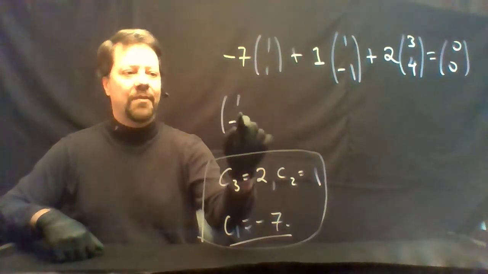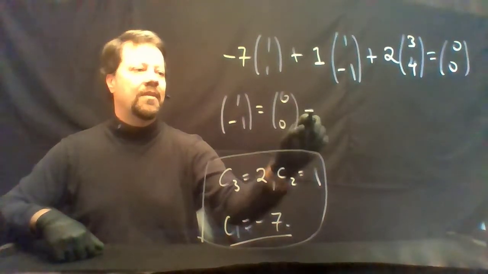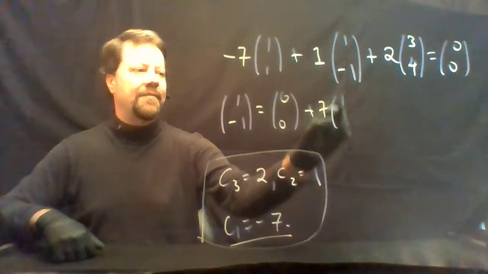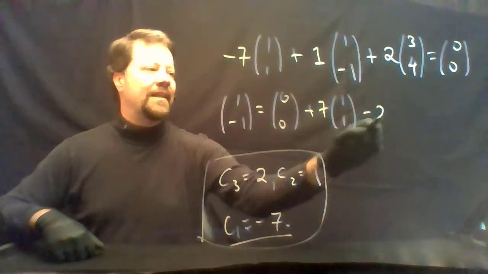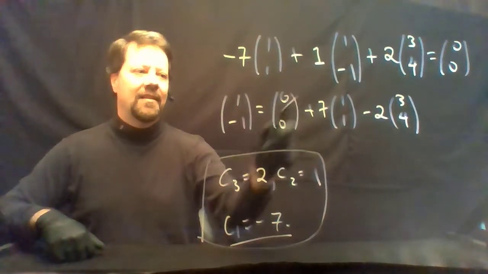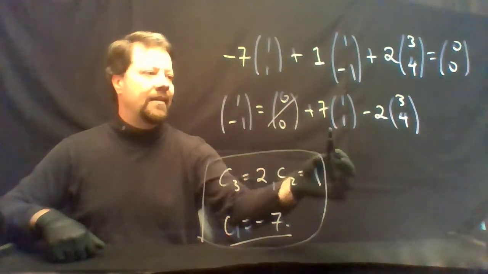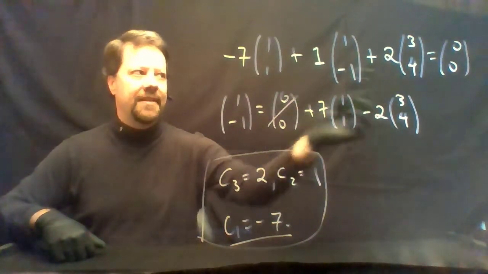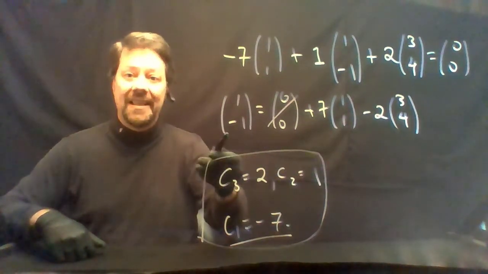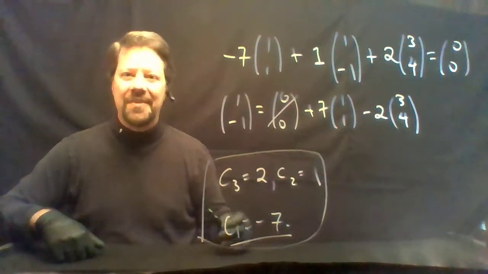Let's suppose we're looking for (1, -1). That's going to be (0, 0), minus negative 7 times (1, 1), and then minus twice (3, 4). In other words, we can express the vector (1, -1) as a linear combination of the other two. What do we need this one for when we can construct it from the other two vectors?